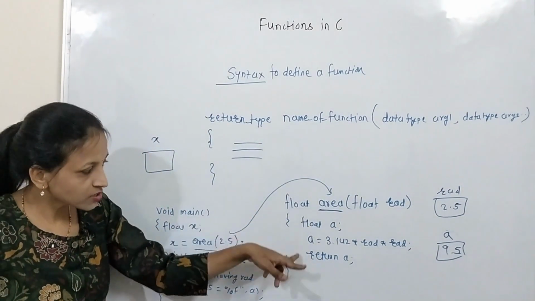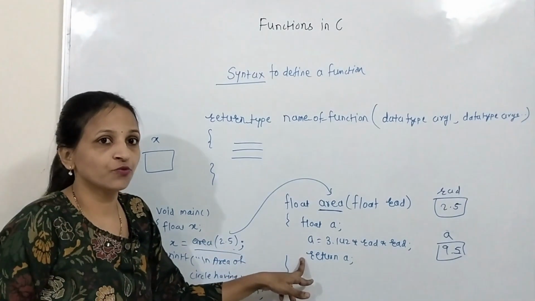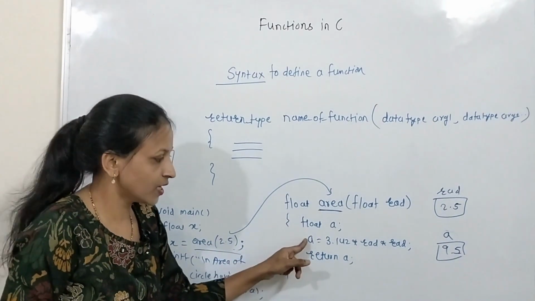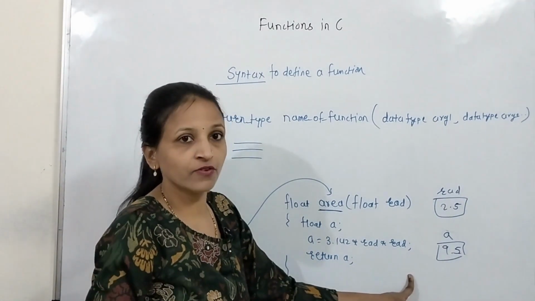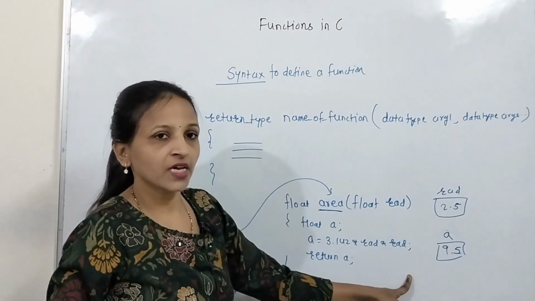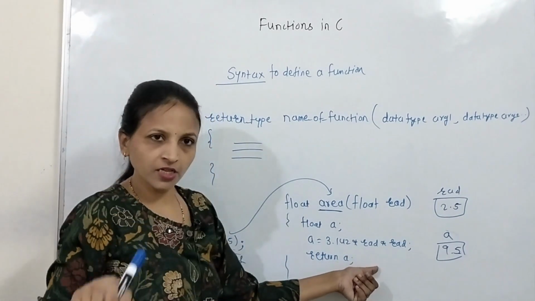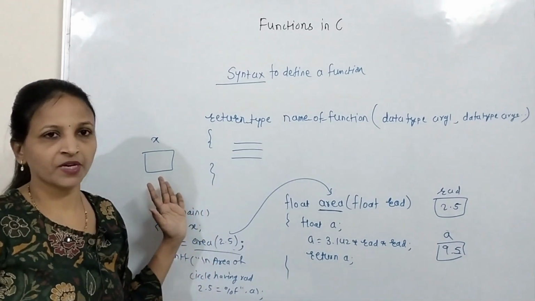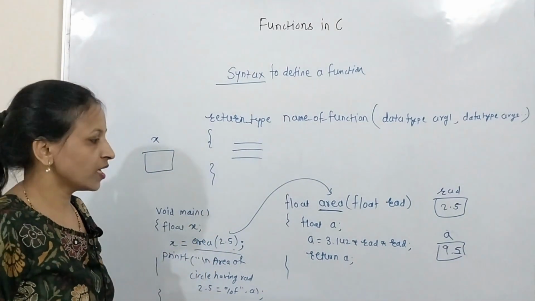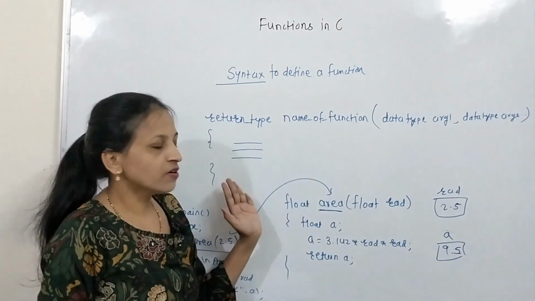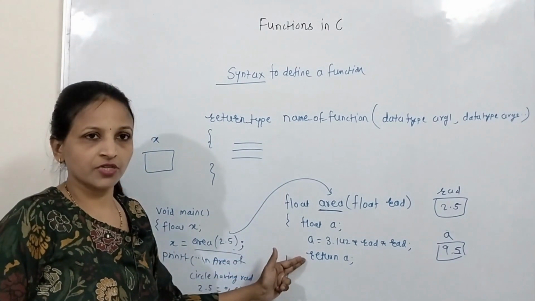Here I am not displaying that value of a, like area equals percent f comma a. In that way we can display it here also, or we can return it from that function. There are two ways. Okay, so I am returning that value of a from this function.